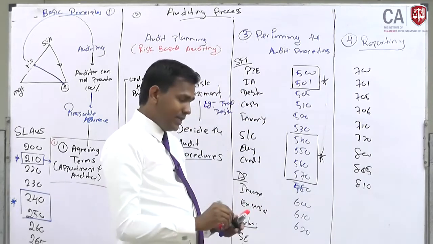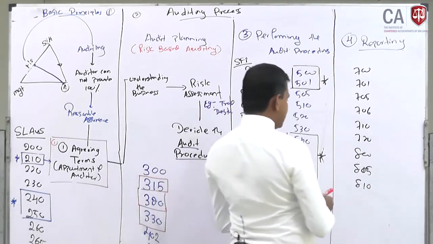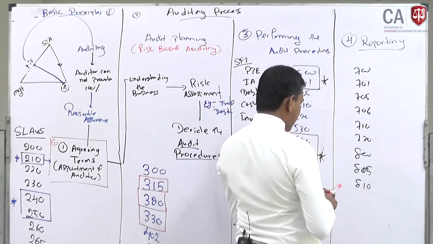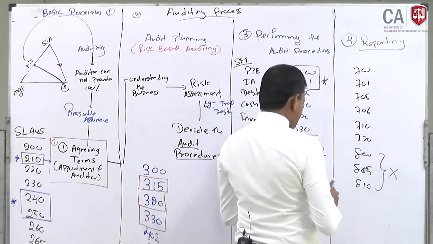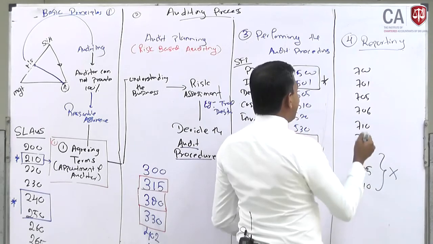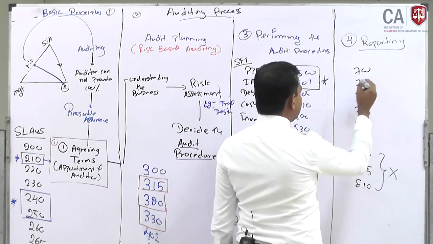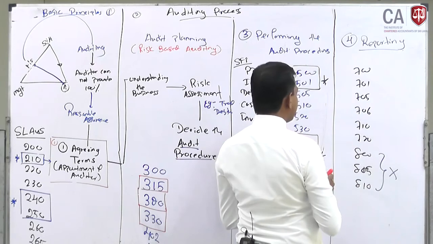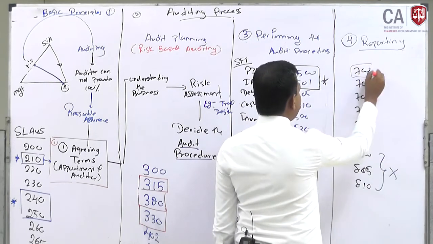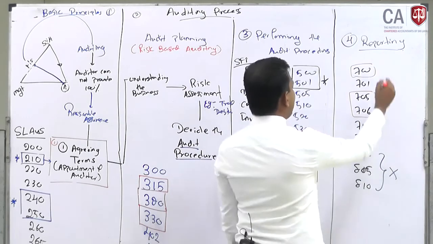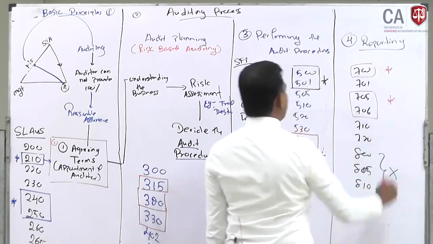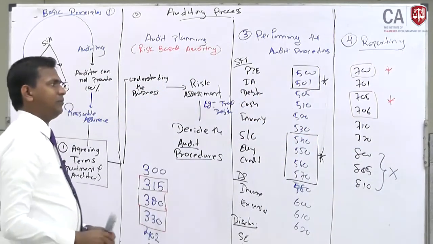Out of these, these three are not applicable for you all. But the other standards are very important, especially 700 and 705, 706. All these are very important from your examination perspective, right?